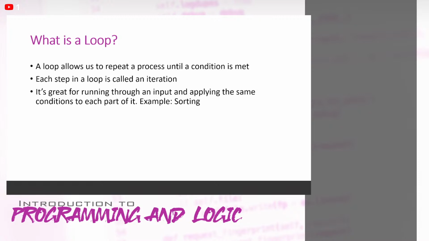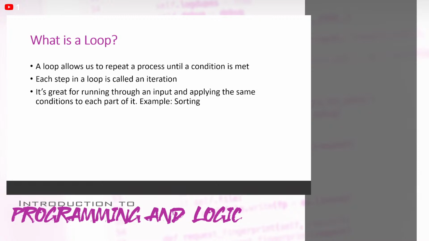Really, the way that we can think about our while loop is very similar to the way that we think about our if statements from last time. With our if statement, we basically said, this is going to run if this condition is true.